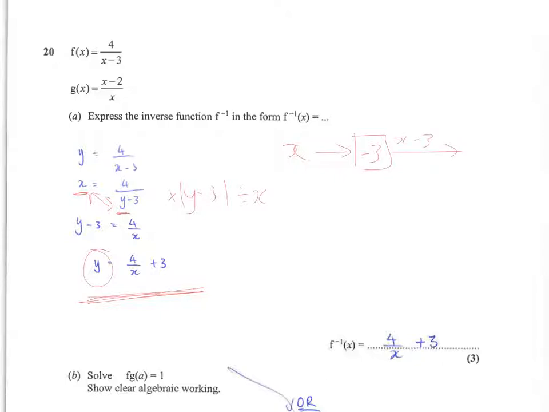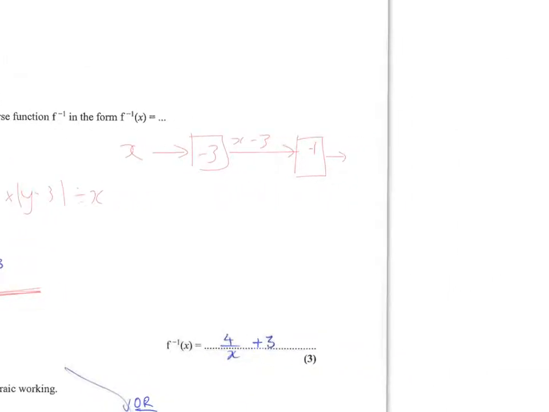I take that value and I raise it to the power minus 1, giving me one over x minus 3. I then take that value and times it by 4. That's how I get 4 over x minus 3.